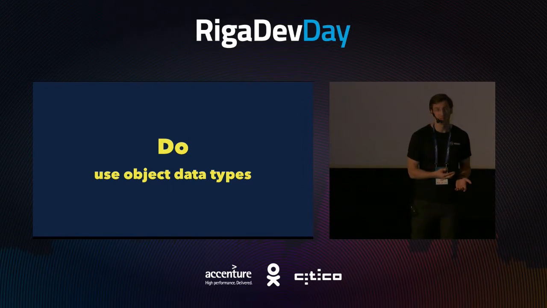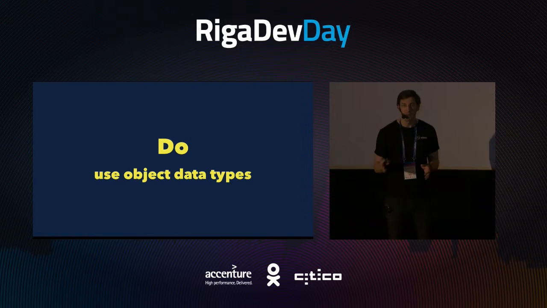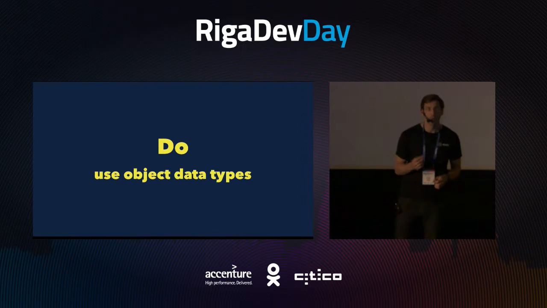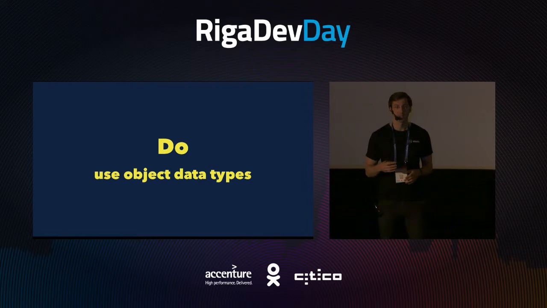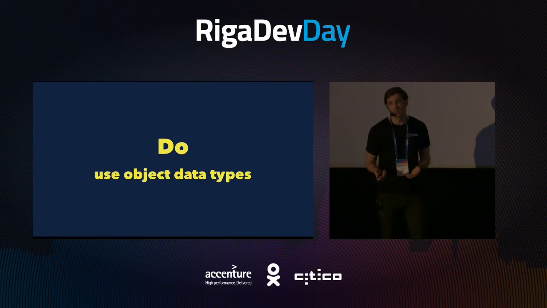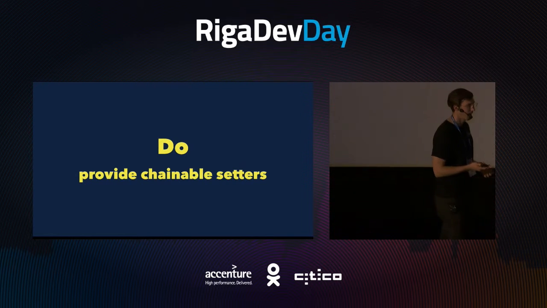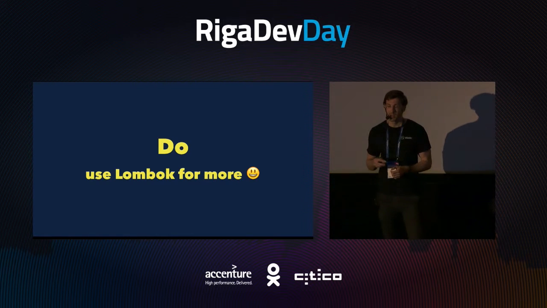So the primitive Boolean will default to false, and that will always be stored. So just be mindful of that. If this is what you want, there should always be a value, and you don't ever want to be confronted with nulls, use the primitive data type. But otherwise, if you have something that might be optional, use an object data type and don't have it in your database at all. And yeah, provide chainable setters.